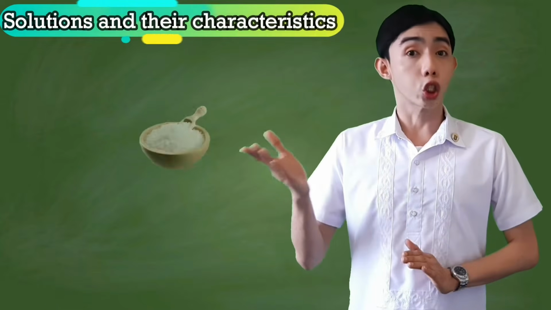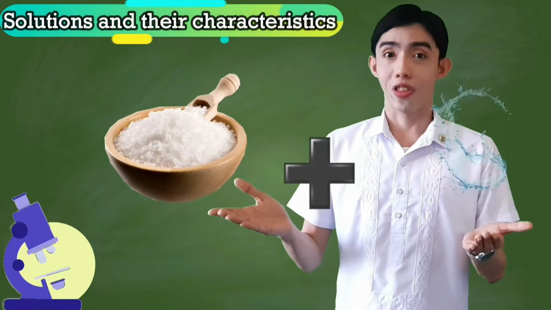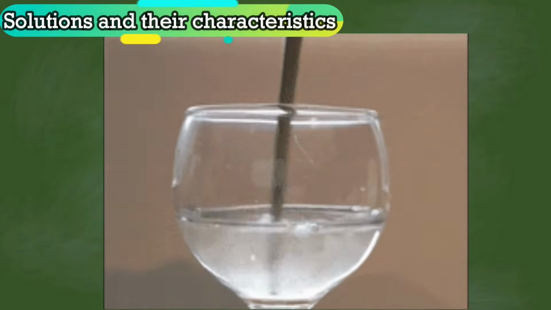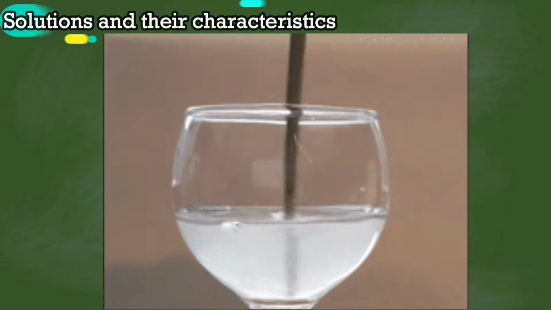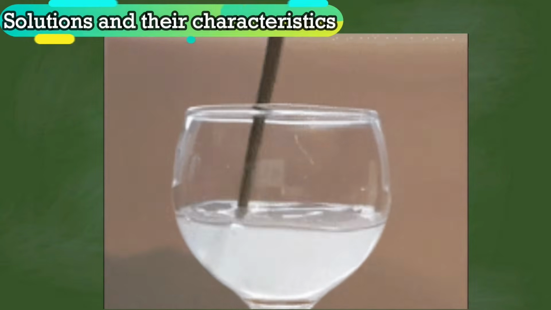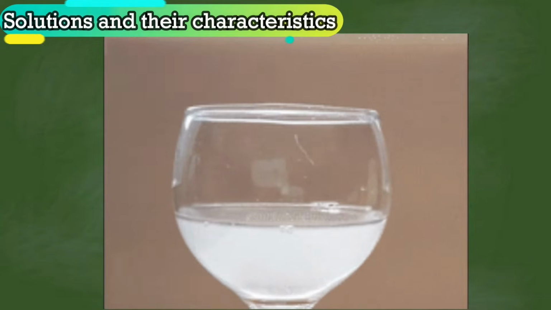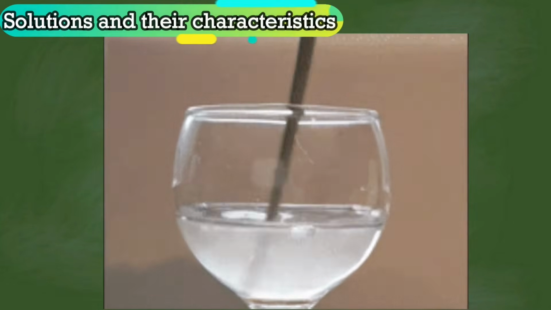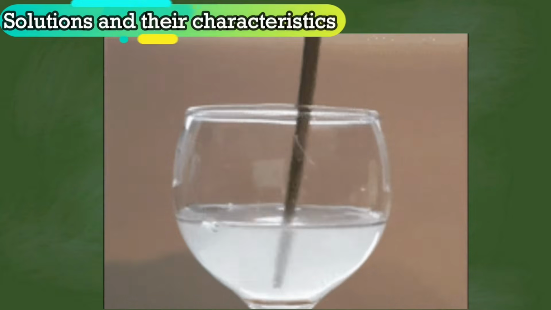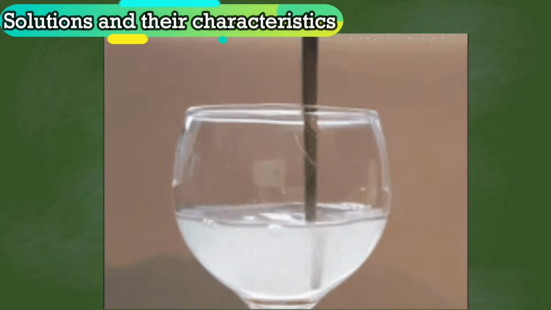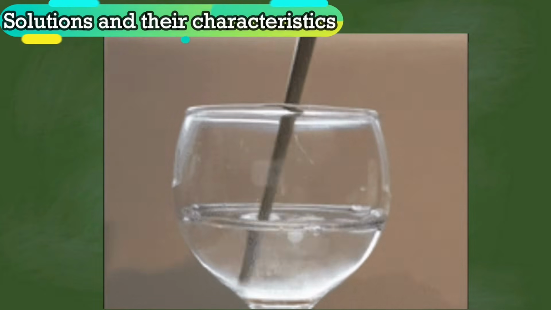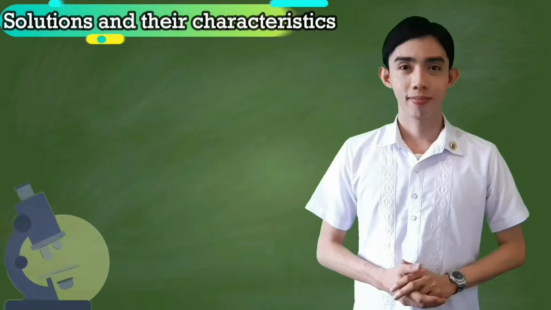Let's have salt and water. When salt is dissolved in water, the two substances appeared as one. The salt particles can no longer be identified. However, the taste of the water proves that the salt was not lost after mixing. Its chemical property is retained, and so the water tastes salty.